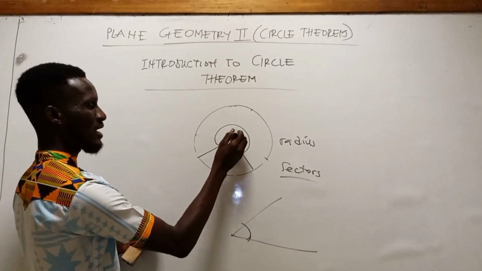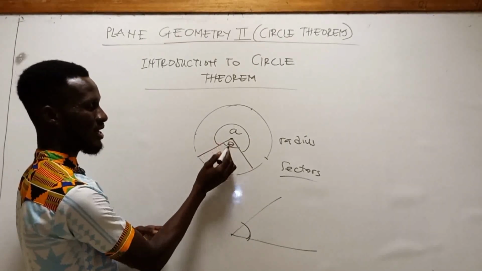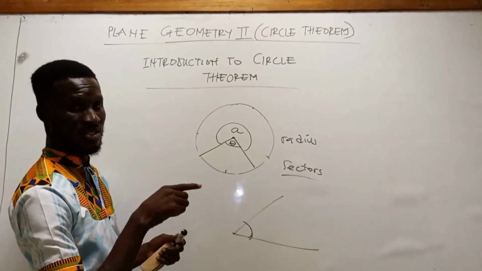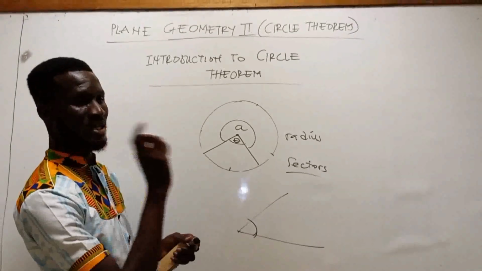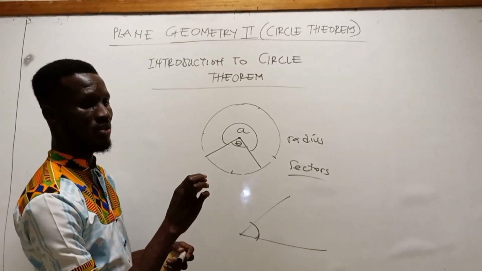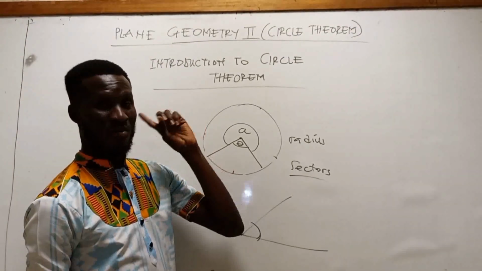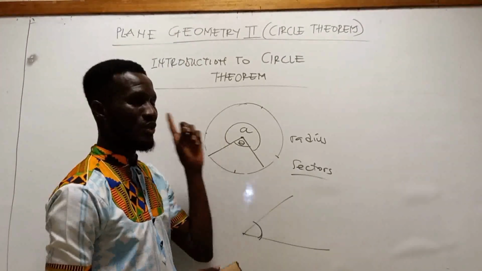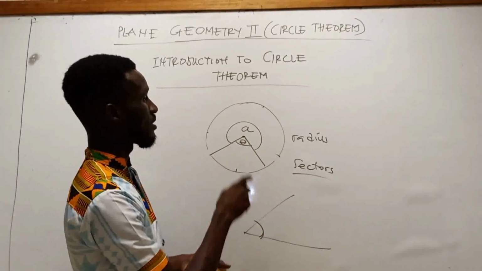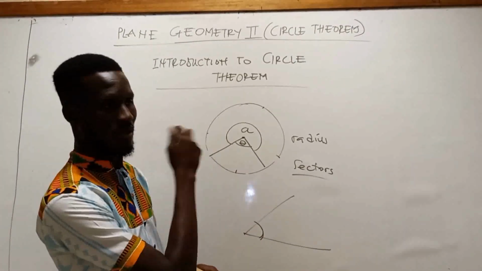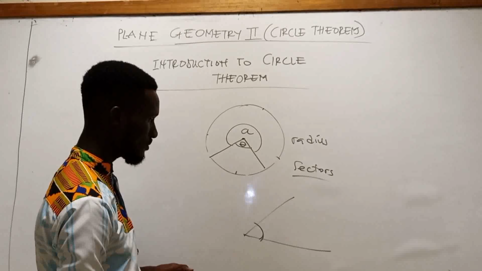If the angle here is A, then theta plus A is supposed to give us 360 degrees, because angles at a point add up to 360 degrees, from our previous video on the revision of plane geometry. We talked about it the other time.